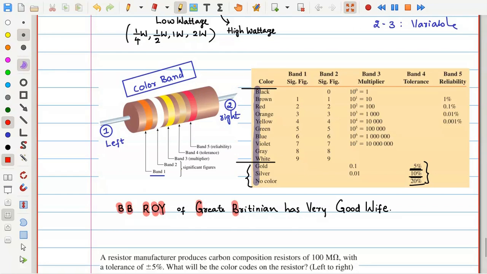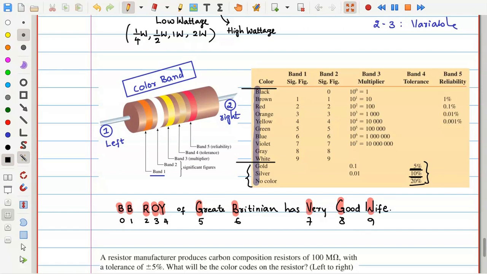Just remember this quotation, highlight these words and start with the numbering: 0, 1, 2, 3, 4, 5, 6, 7, 8, 9. Simply like this, then you will come to know which color corresponds to which number.